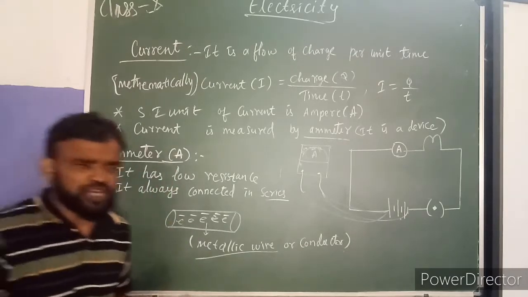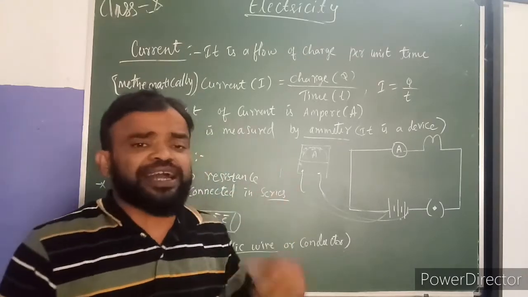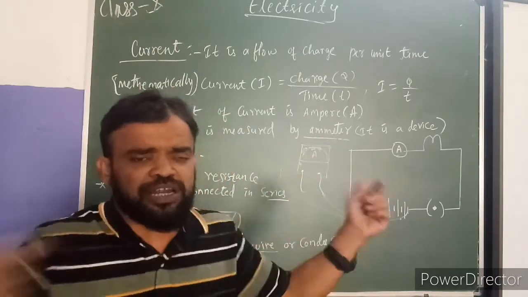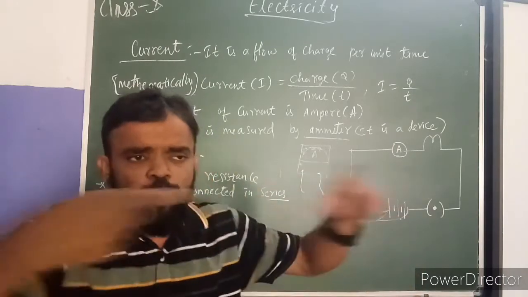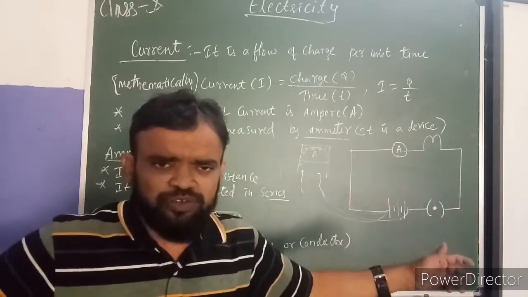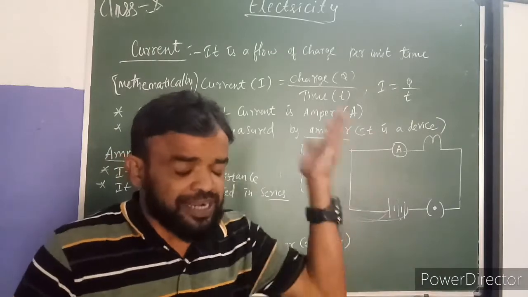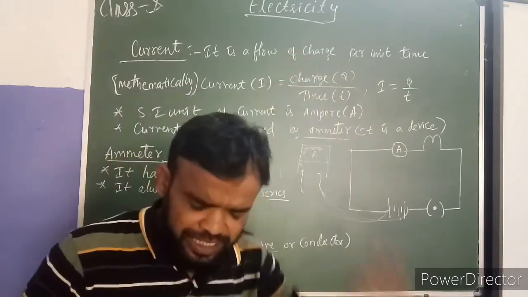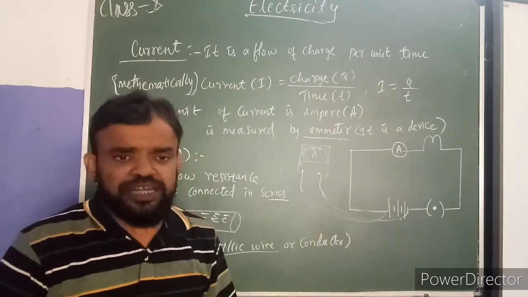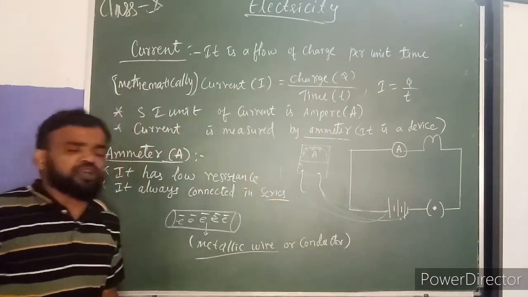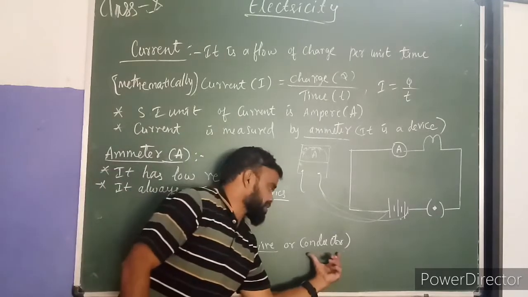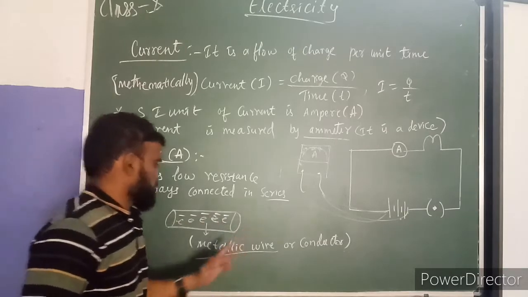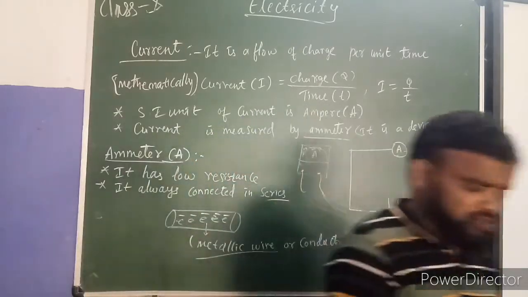For example, an iron rod carries current, so we call it a current carrying conductor. We can take an iron rod, copper wire or aluminum wire, and these conductors carry current. Understood? So the negative electrons move in one direction. Understood?